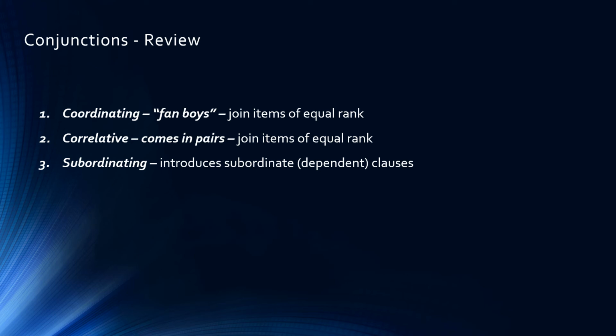Correlative conjunctions always come in pairs, and they also join items of equal rank. Subordinating conjunctions introduce subordinate clauses. Subordinate clauses are dependent clauses. So, these are the three types of conjunctions and the way the conjunctions are used in sentences.